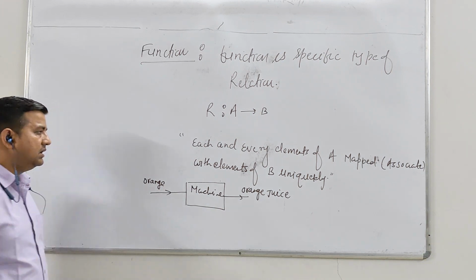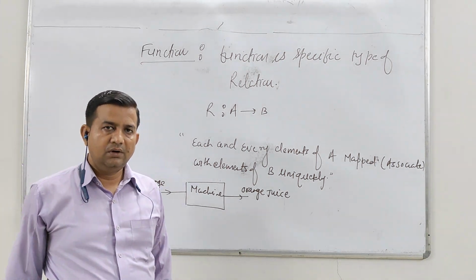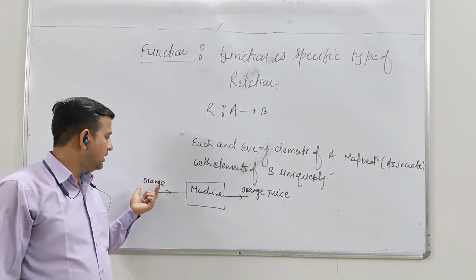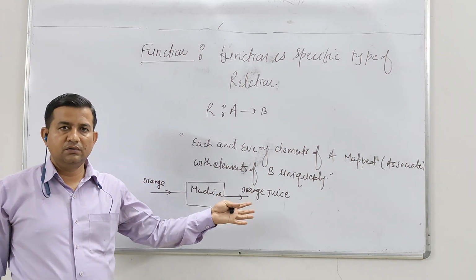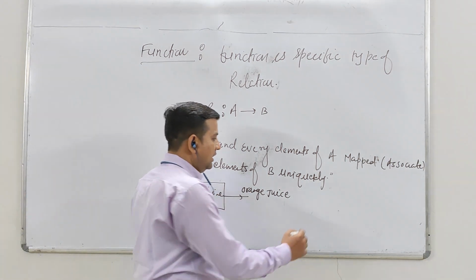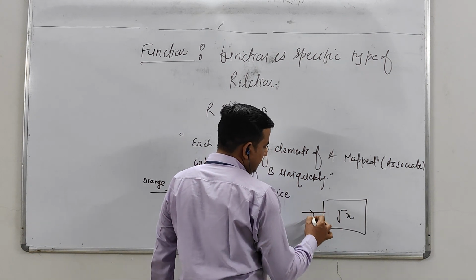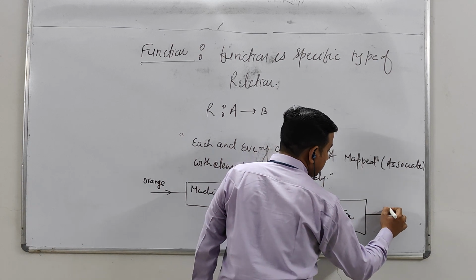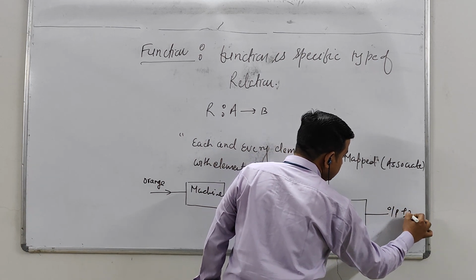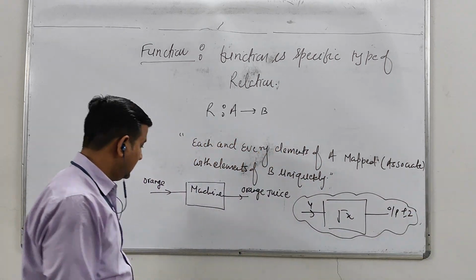Just like that, a function works on a specific rule. As per the rule, when we apply any input, it will be converted to the output. Suppose we consider a square root function. If we consider 4 as our input, then the output will be plus minus 2. So this is the basic meaning of the function.